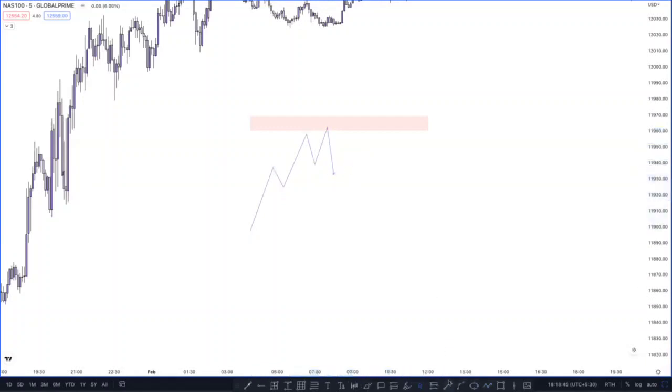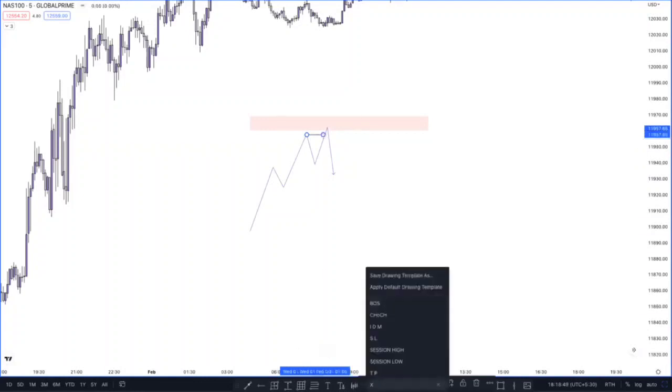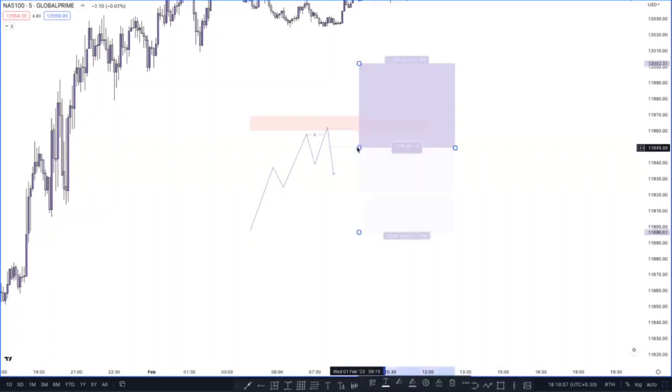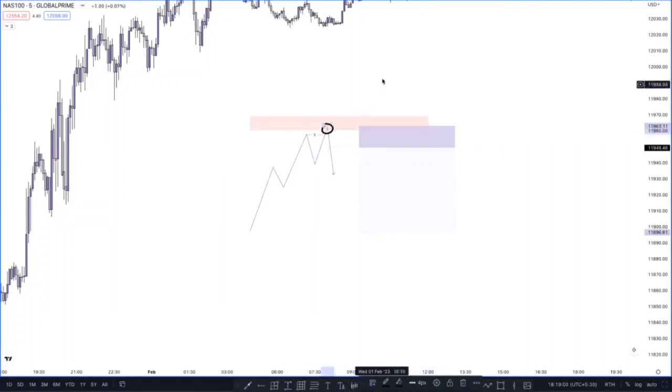We can sell here because this structure swept the previous high, and this is an internal structure. So you can simply sell here. In this case, you don't need to wait for inducement, and you put the stop loss just above it because the market already grabbed the liquidity.